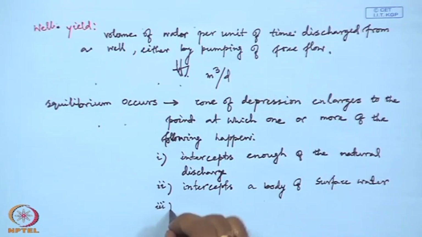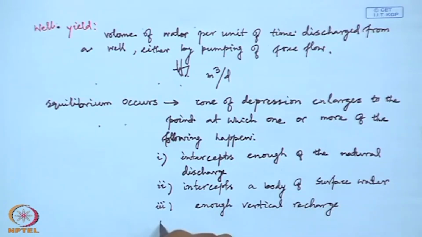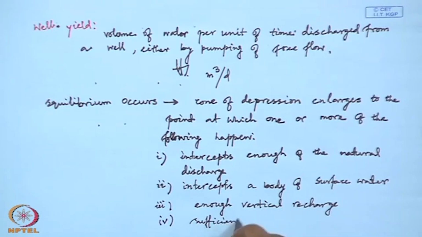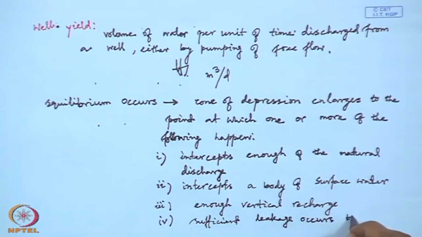Third one is that enough vertical recharge, and the fourth one is sufficient leakage occurs through the overlying or underlying formations.